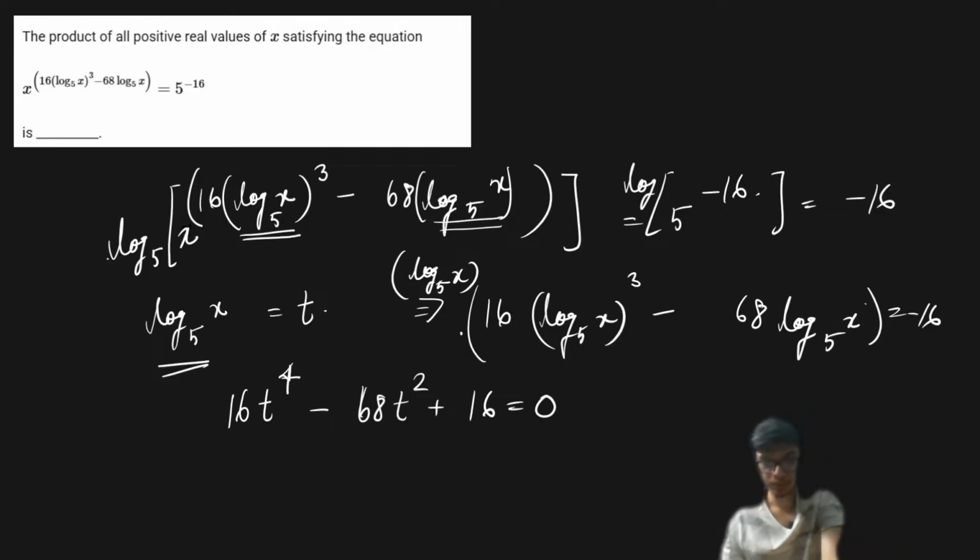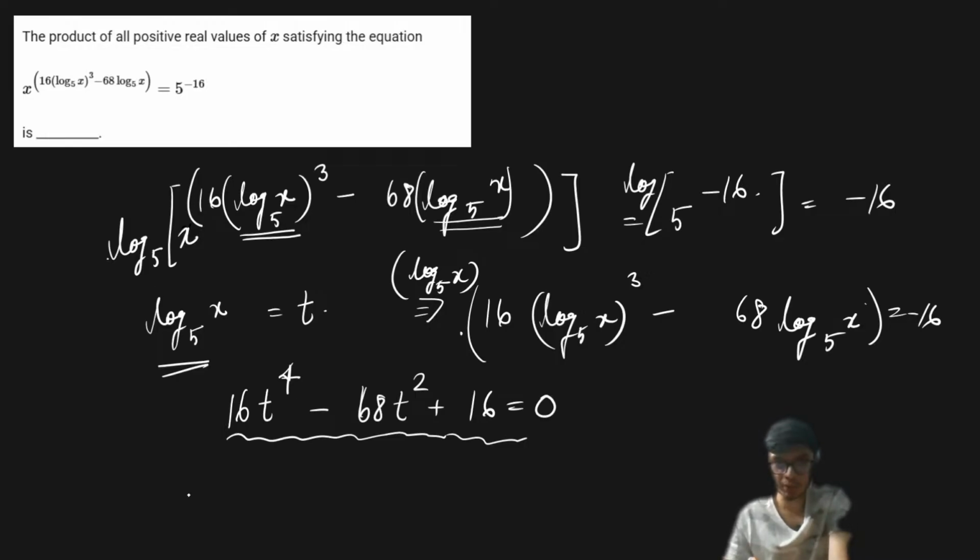Now this is going to be my required biquadratic equation. The solutions for t give the required values of x. How am I going to solve this? If I take 4 common, it gives 4t to the power 4 minus 17t square plus 4 is equal to 0.